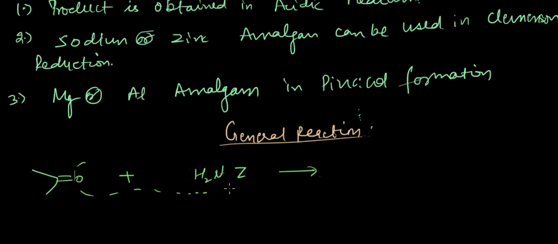On heating in acidic medium, the water molecules get disintegrated from the two compounds, resulting in the addition of a double bond between the carbon atom and nitrogen atom. So as a result, you will be getting something like this, minus H2O, or you can say H2O on the product side.